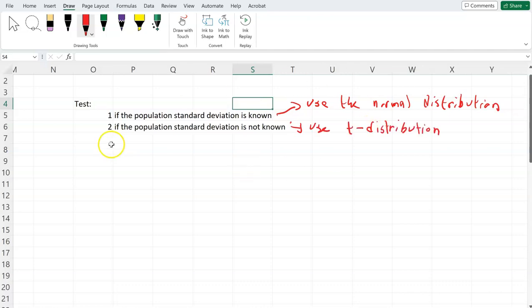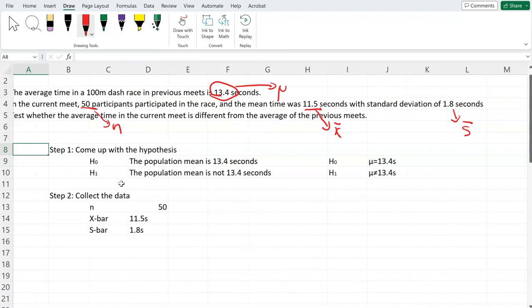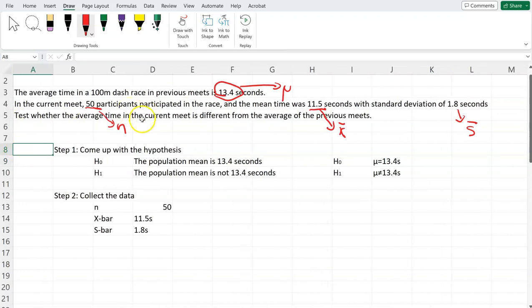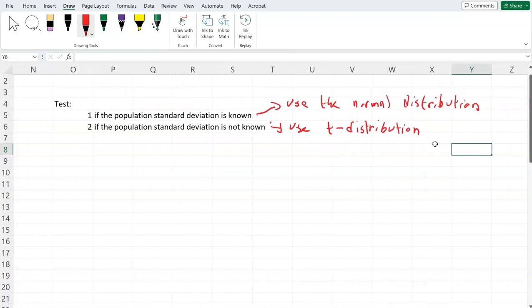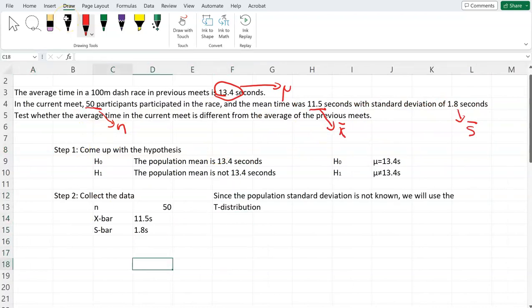In our case here, we don't have the population standard deviation. It's missing. We have just the sample standard deviation. So according to this, we should use the t-distribution. So we are going to use the t-distribution.